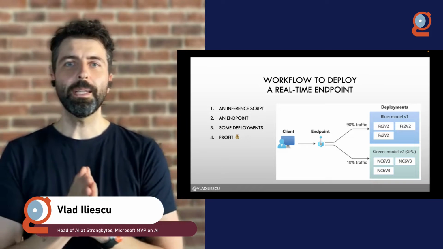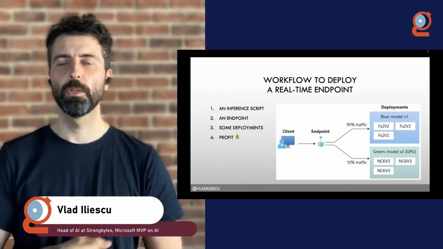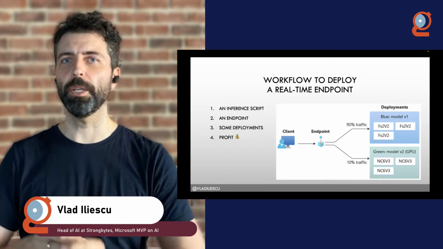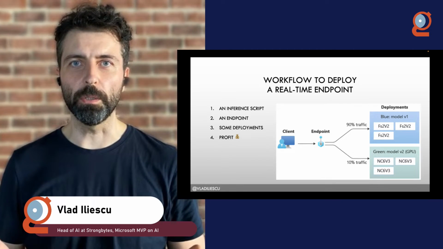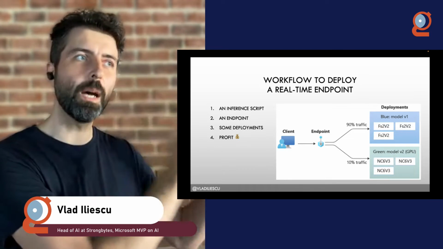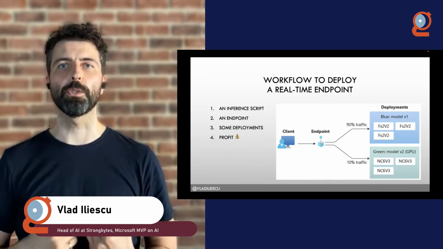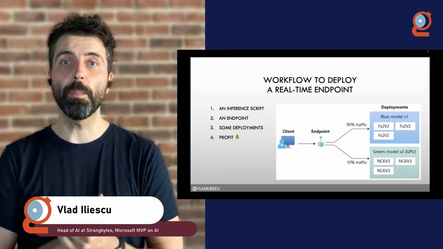Let's talk a bit about what workflow you would have for deploying your models. Again, the scenario is you have trained the machine learning model, you want to put it somewhere so that the rest of your application can use it. And this is what Azure ML excels in.